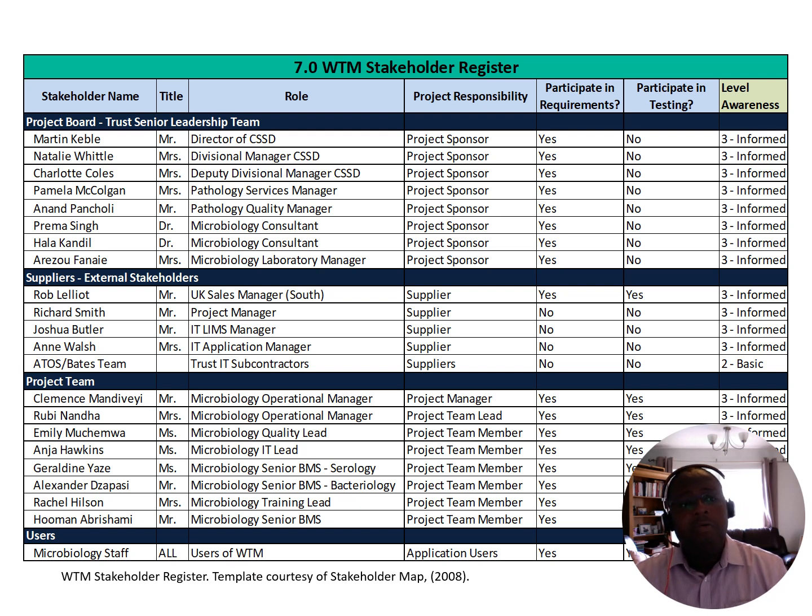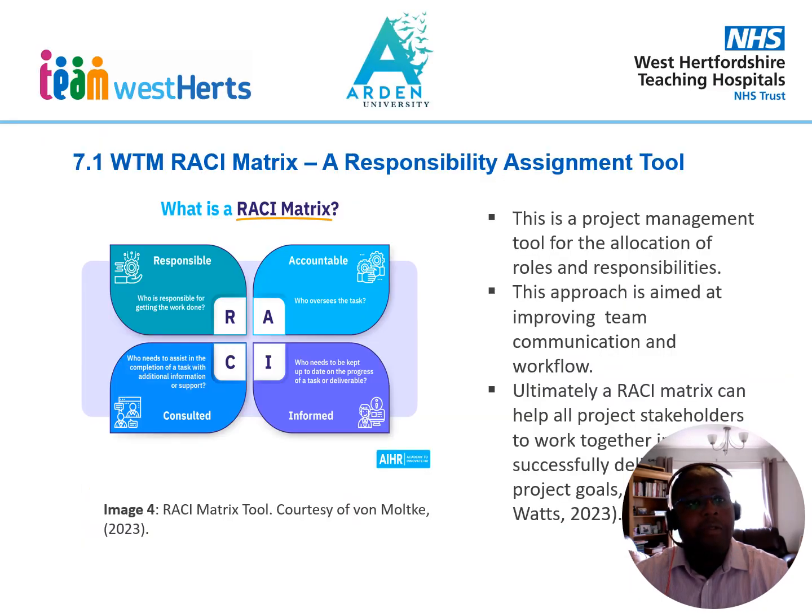So it's quite a long list, and as I did it, I realized that it's actually very difficult to cover everybody, because there are our neighbors, blood sciences, cellular pathology, and so forth, who also may have an interest or a stake in this project.